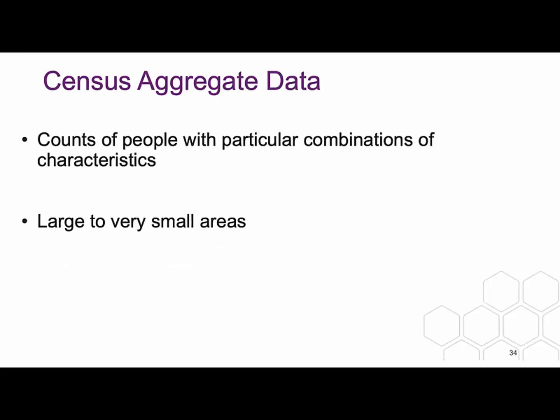So we're going to begin by looking at census aggregate data. This aggregate data provides counts, usually of individuals or households, with particular characteristics for an area. And these areas can be large or small. The benefit of having census data is that it allows you to be very flexible. So you may want to produce tables or graphs based on a very small population.